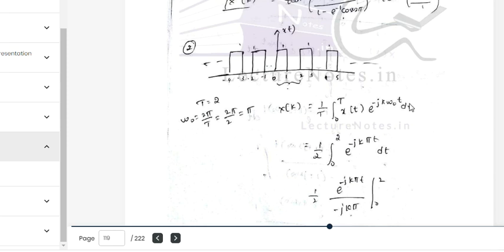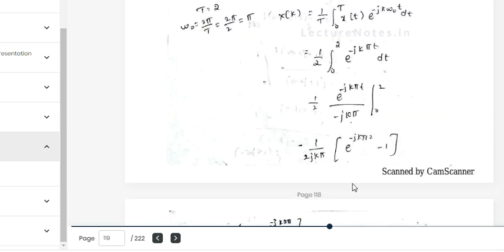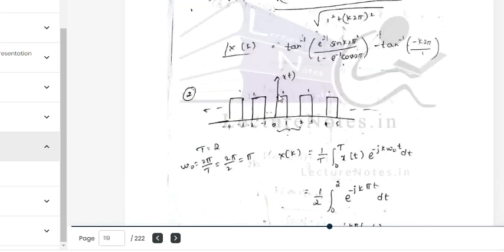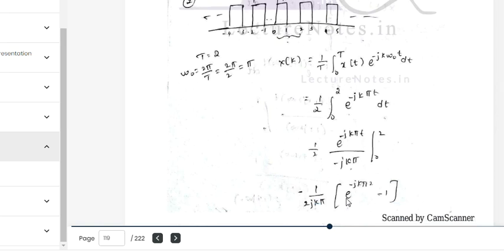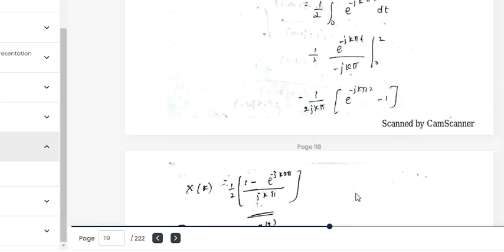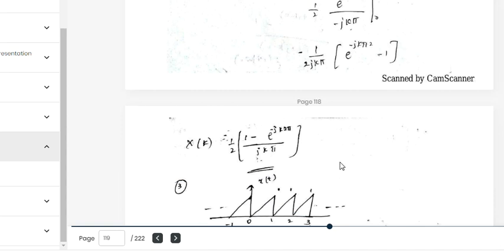Then use this equation and go for solving. For this, 1 will be there, and between 1 to 2 it would be 0. So the limits have to be from 0 to 1. It is 1, so this has to become 1. Solve this one, simplify, and try to get the magnitude and phase plots.